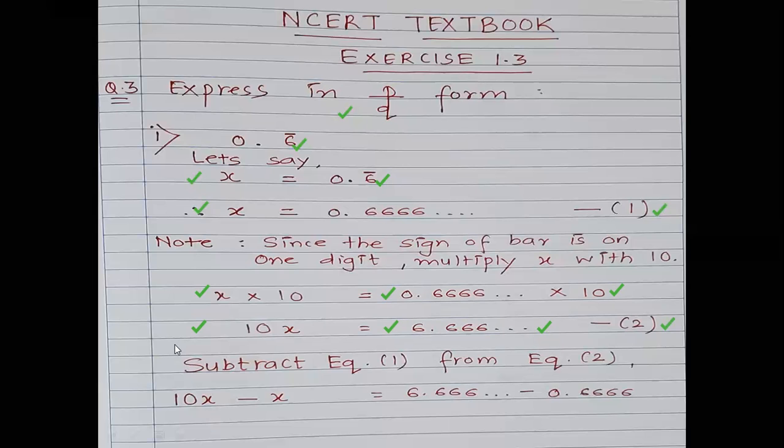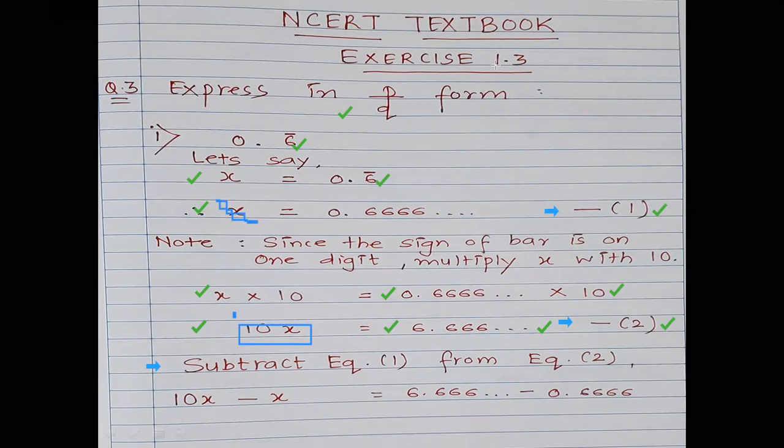Now, coming to the next step. Subtract equation 1. When you see equation 1 over here in the third line. So this is your equation 1 and this is equation 2. So the next step is subtract equation 1 from equation 2. So what we will do is we'll take equation 2, which is 10x, minus equation 1, which is x.